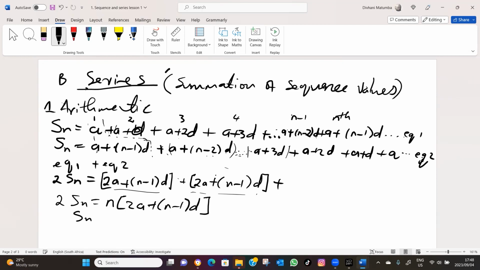Therefore, Sn is given by n over 2 into 2a plus n minus 1 times d.